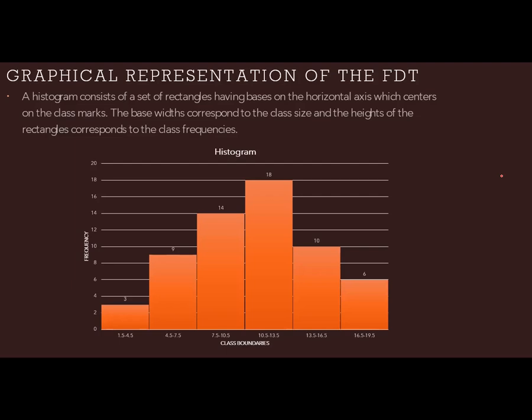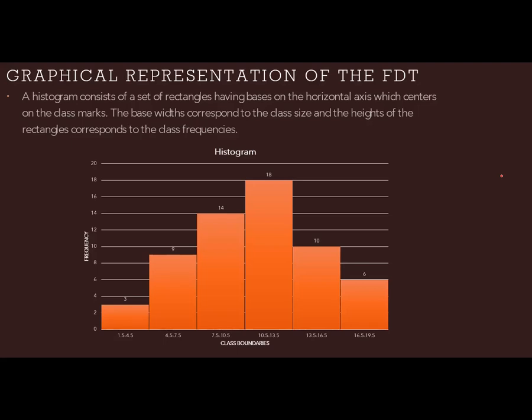By the way, a histogram consists of a set of rectangles having bases in the horizontal axis with centers on the class marks. The base width corresponds to the class size, and the height of the rectangles corresponds to the class frequencies. So this is our example.